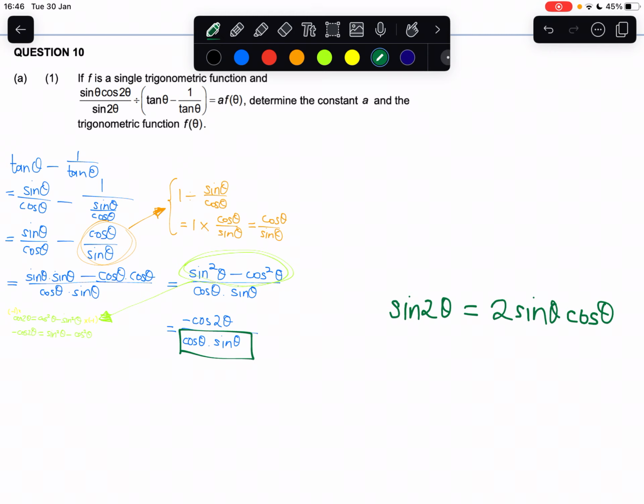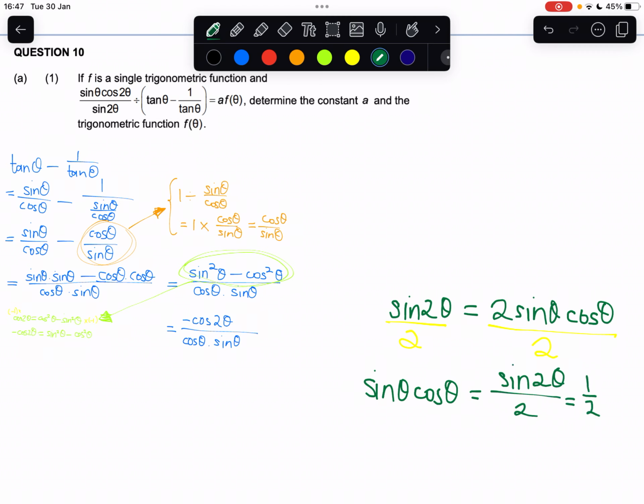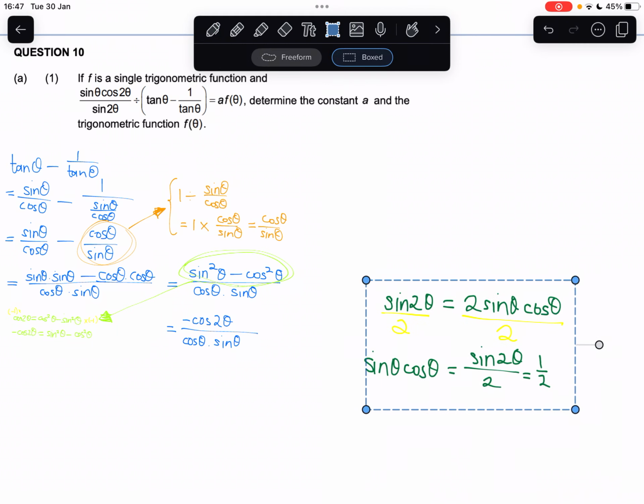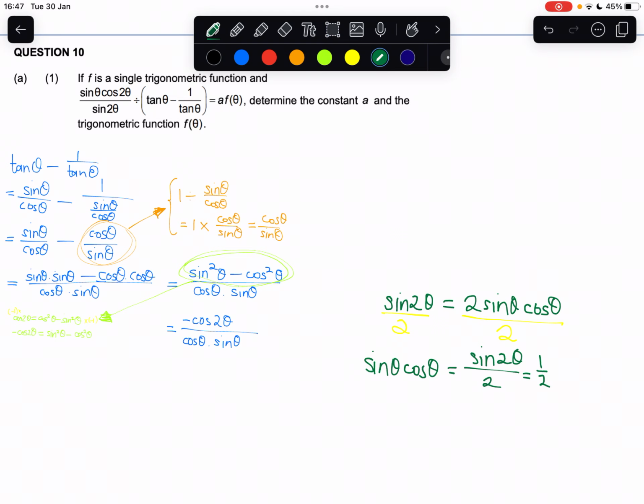So what we're going to do, divide by 2 on both sides, or in other words, half both sides here. So actually then sine theta cos theta is the same as sine 2 theta over 2, which is the same as a half sine 2 theta, right?